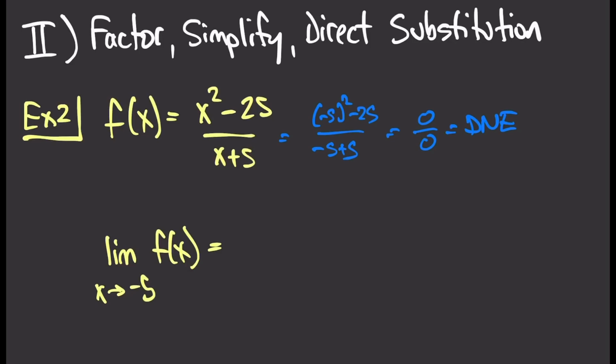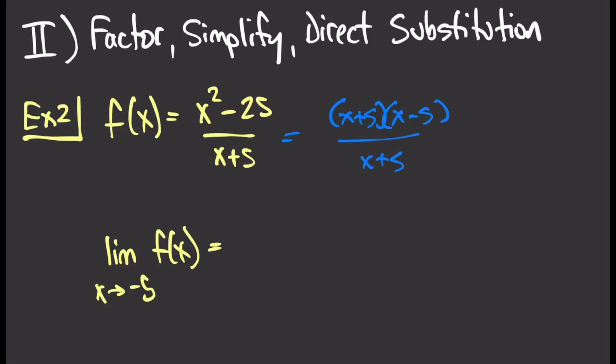So what we're going to do here: factor, simplify, then direct substitute. Okay? So let me just get rid of this stuff here. And let's factor this. So that's going to be x plus 5 times x minus 5 over x plus 5. Now I can cancel these, so now I have this expression x minus 5.